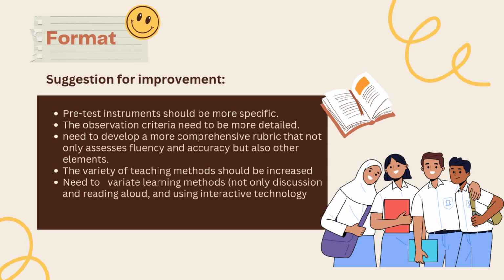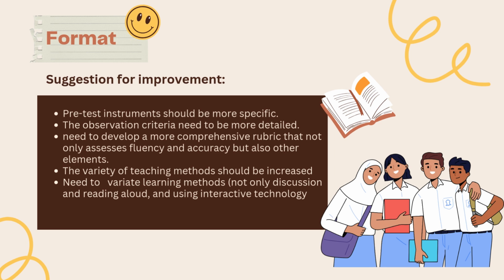Fourth, the pre-test assessment should be more specific and directly related to the learning topic to be studied. Observation criteria need to be detailed more clearly. For example, to assess student performance in reading aloud, the criteria can include aspects such as intonation, articulation, fluency, and expression.